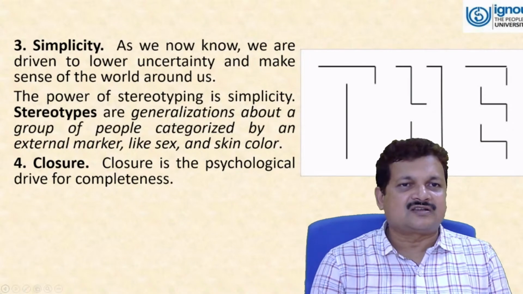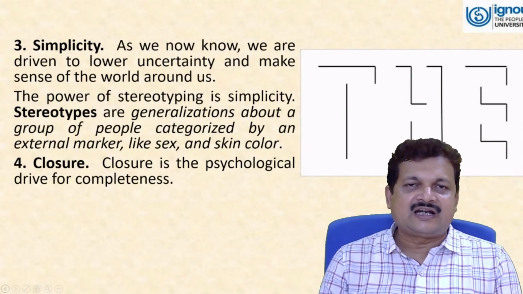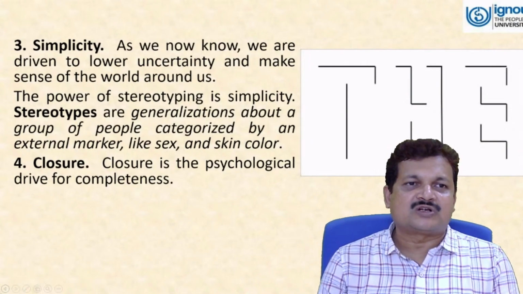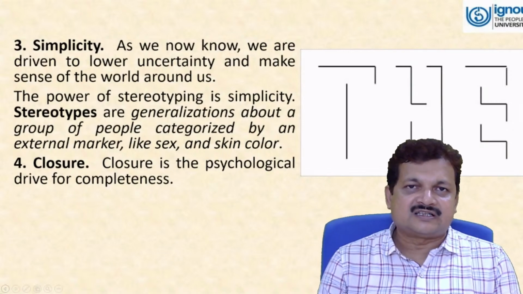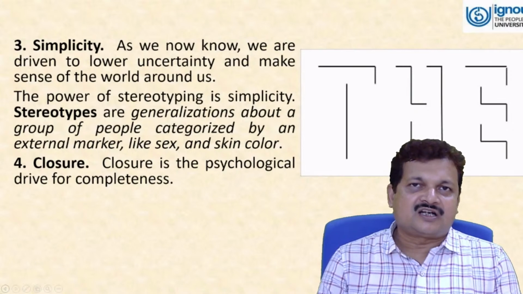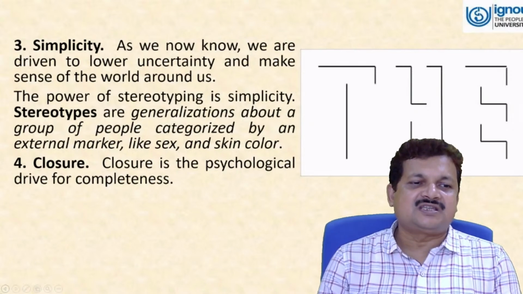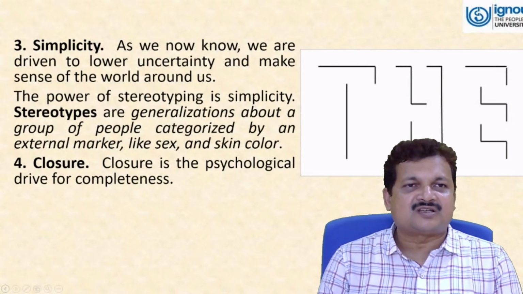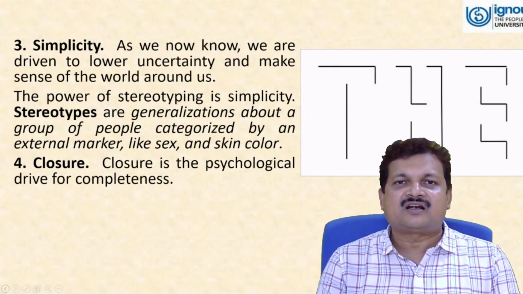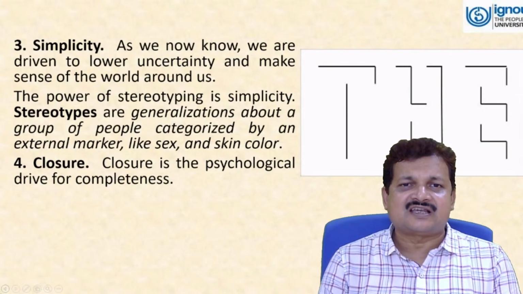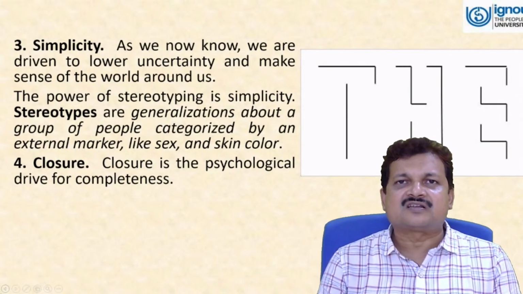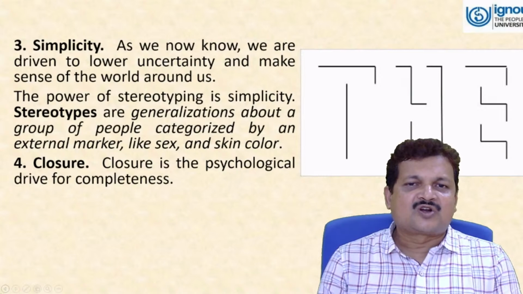Just like the example of Fair and Lovely: it targeted those who are not of fair complexion, and it was targeted at women. Immediately when they saw that Fair and Lovely could not be used by male persons, they started Fair and Handsome. So stereotype thinking is on sex, then skin color, and other cases are also possible.